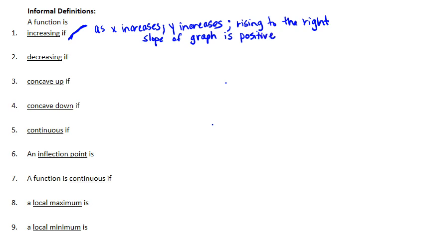If a graph is decreasing, as you might expect, just the opposite happens. So that graph is something like that. And in this case, as x increases, y decreases would be one way to think about that. We could think about it graphically, that the graph is falling to the right.